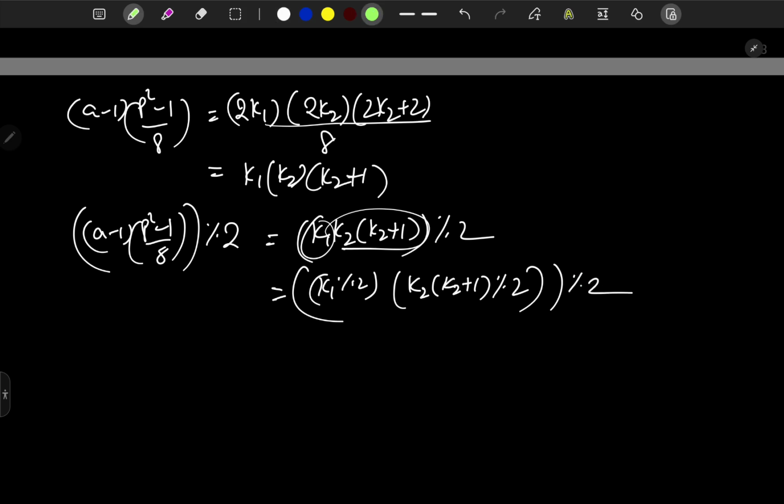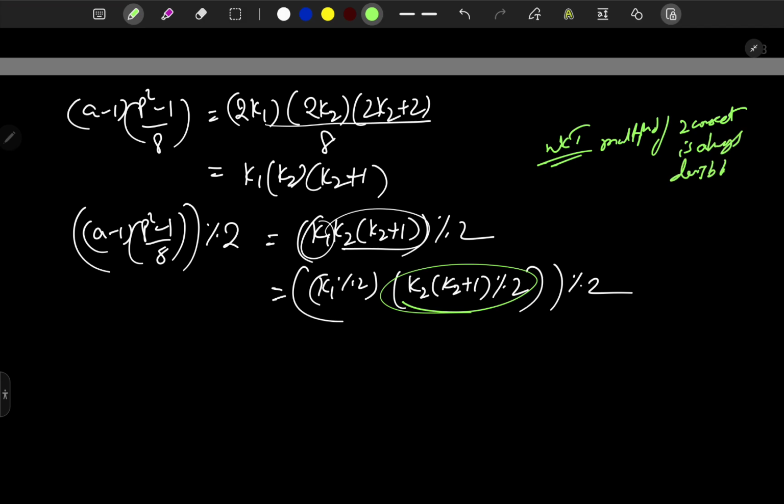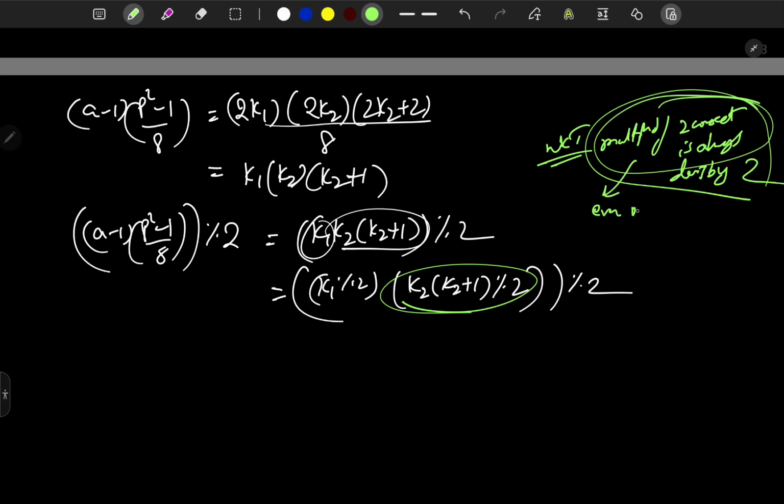Now observe that we know the multiplication of two consecutive numbers is always divisible by 2. Why so? Because in these two numbers, one must be even, the other odd. Understood? If you don't feel it, you can prove this again.